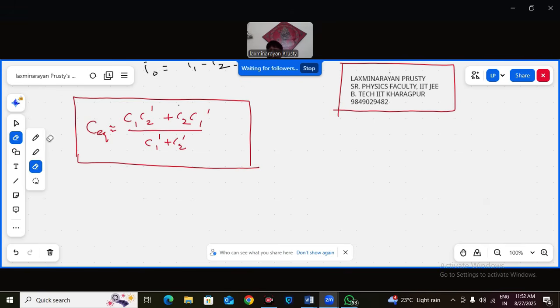R equivalent, as I have already discussed, is R1 dash R2 dash divided by R1 dash plus R2 dash, where R1 dash is R1 plus R0 and R2 dash is R2 plus R0.